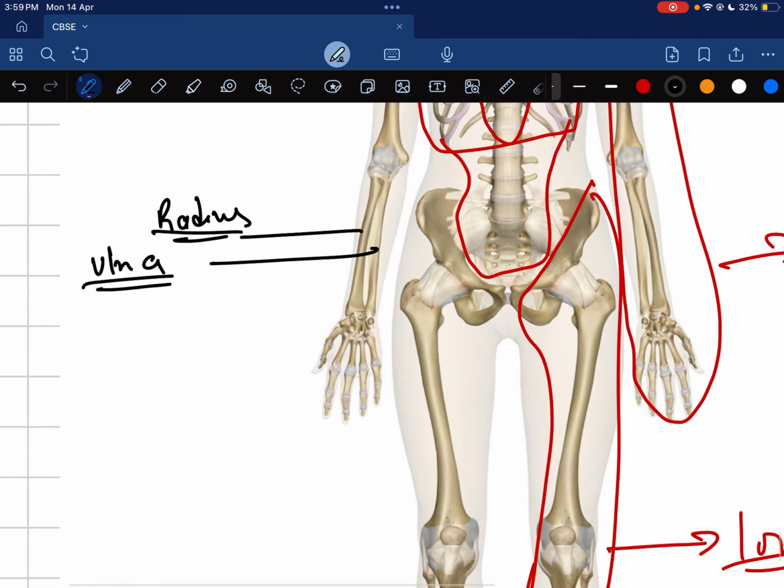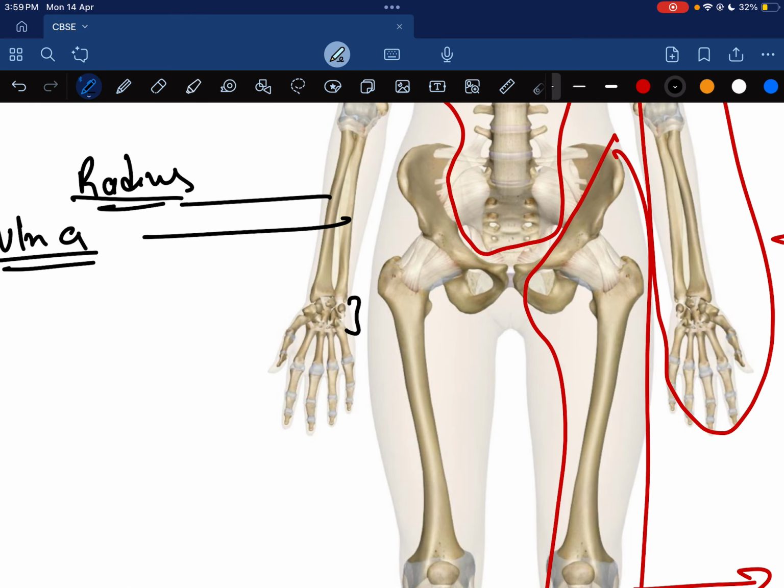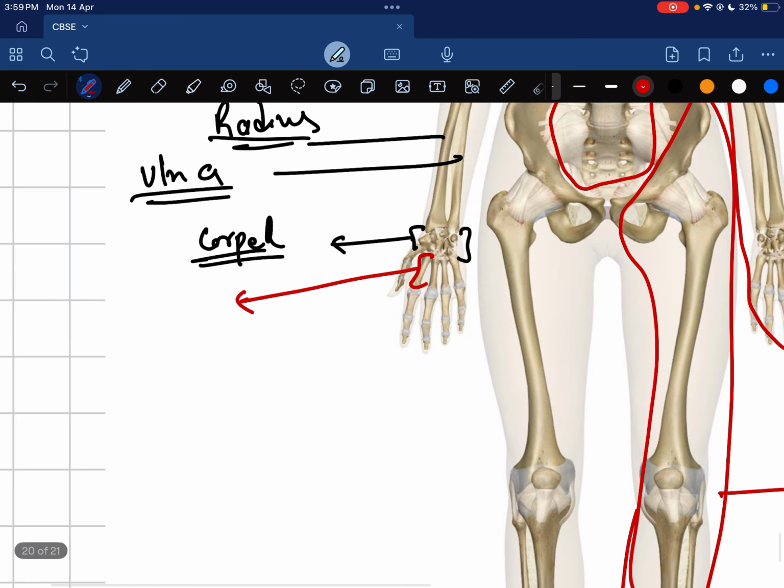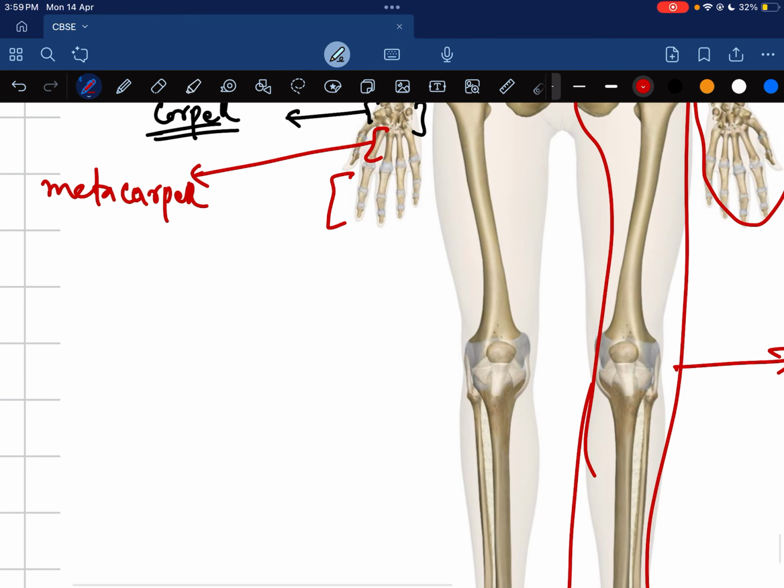When we go down, there are 8 carpal bones. These bones are the carpals. Then attached to the carpals and phalanges, these bones are called metacarpals. And then there are phalanges.